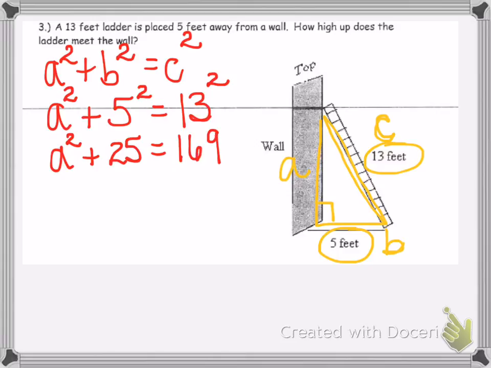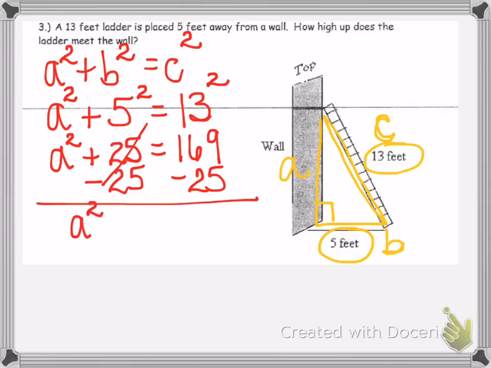Remember that you are raising them to the second power and not multiplying by 2. I want to get a squared alone on the left side, so I'm going to subtract 25 from both sides. And these cancel out. Now I've got a squared equals 144. I'm going to take the square root.